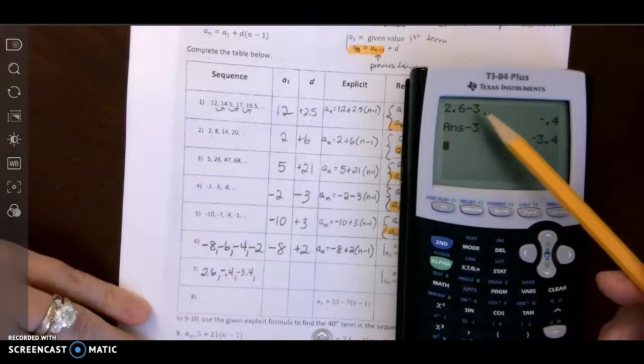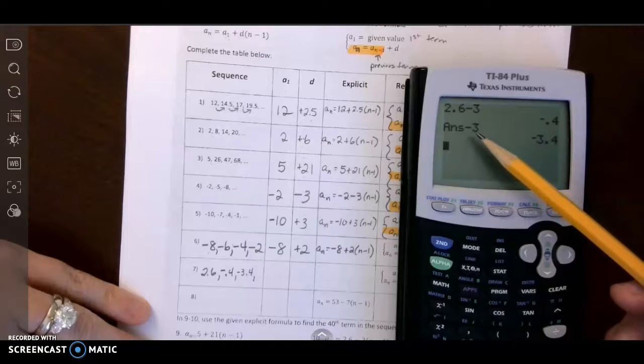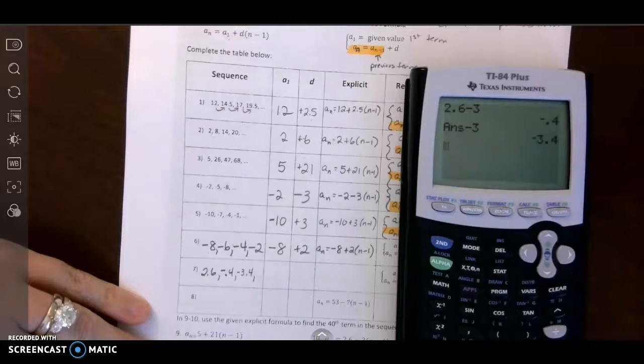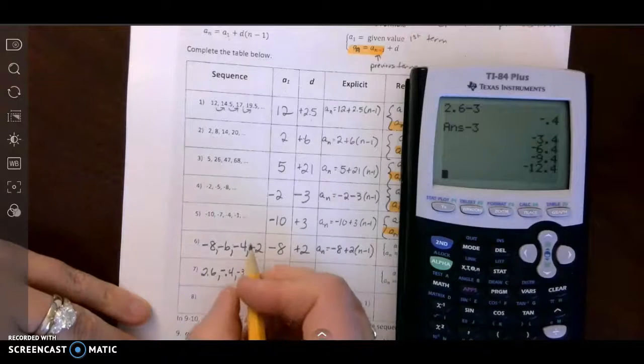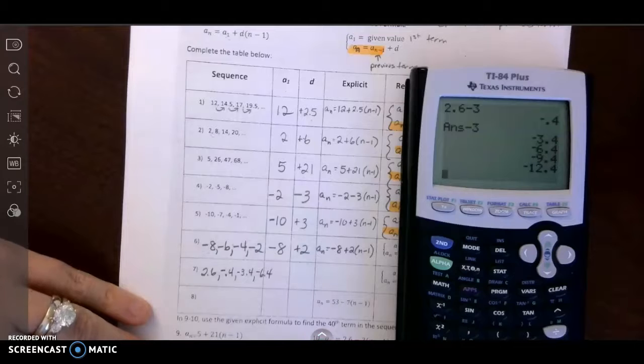Once you have done the same operation twice, your calculator picks it up as a pattern, and now you can just hit enter, and it knows to subtract 3. So my next term would be -6.4, but you have to do it twice in a row.